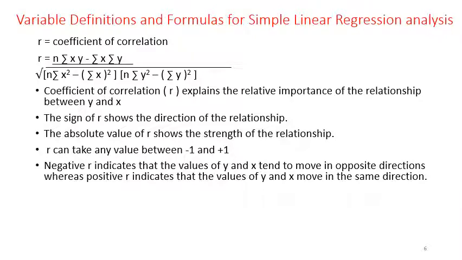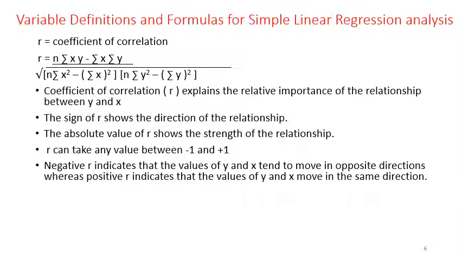Now the absolute value of R. R can take any value between minus 1 and plus 1. A value of plus 1 means a very strong relationship, which means x and y move in the same direction and also the strength of the relationship is very high. Minus 1 again means very strong, but the direction is different.